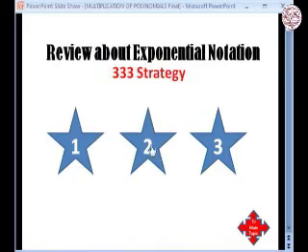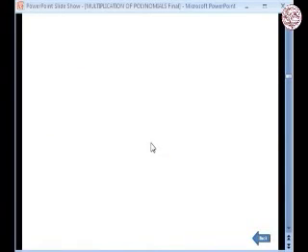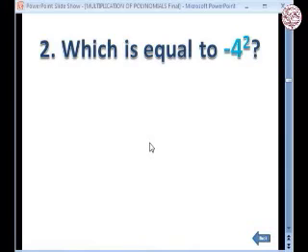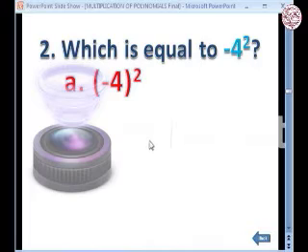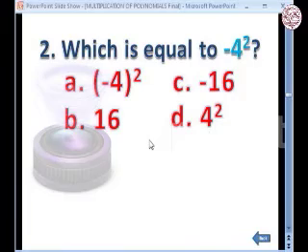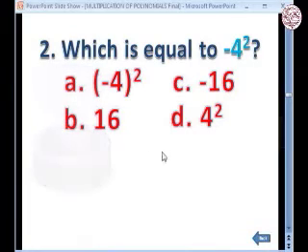Let's have question number 2 for our review, which is equal to negative 4 raised to 2. A, negative 4 raised to 2. B, 16. C, negative 16. And D, 4 raised to 2. I'll give you 3 seconds or 5 seconds. Here you go.